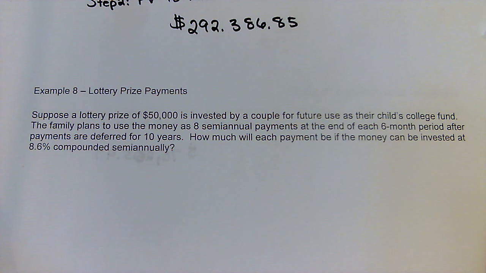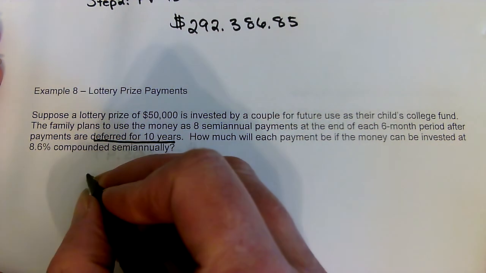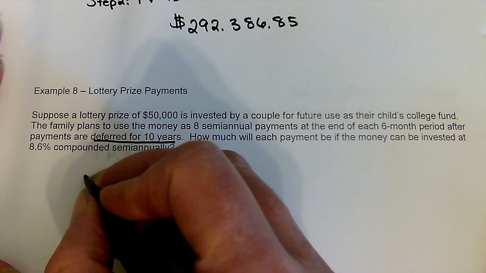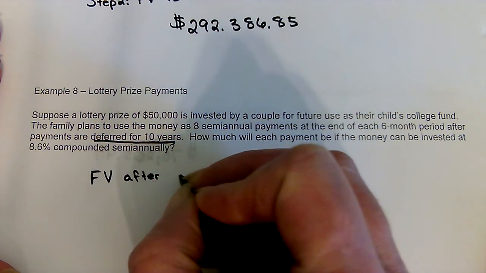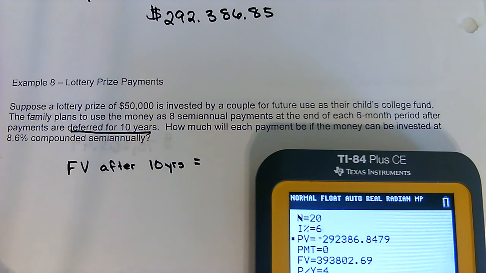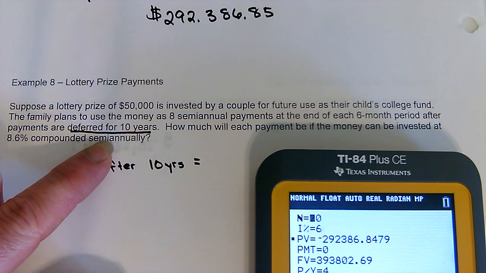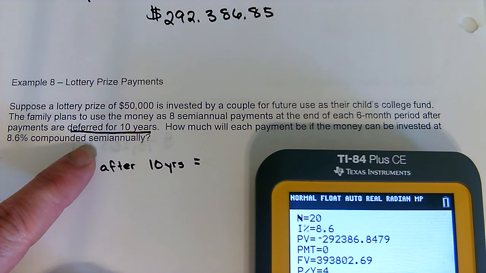So since this one's a little backwards, we need to see how much that money is worth. It's deferred for 10 years. So this one, we're given the present value. We want the future value after 10 years. Okay, so let's see. We're going to defer it for 10 years, and it's semi-annual payments, so times 2, at 8.6% interest.